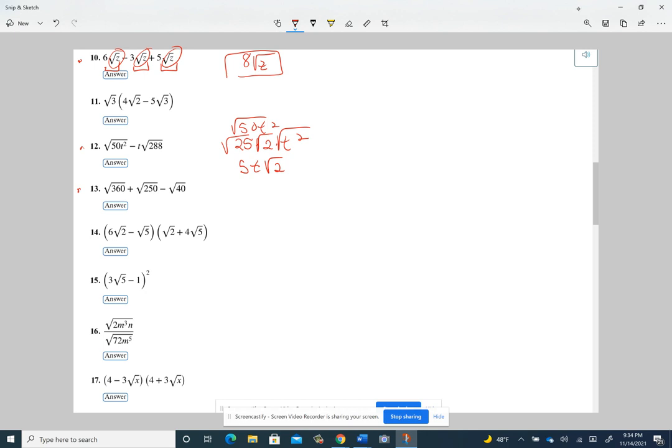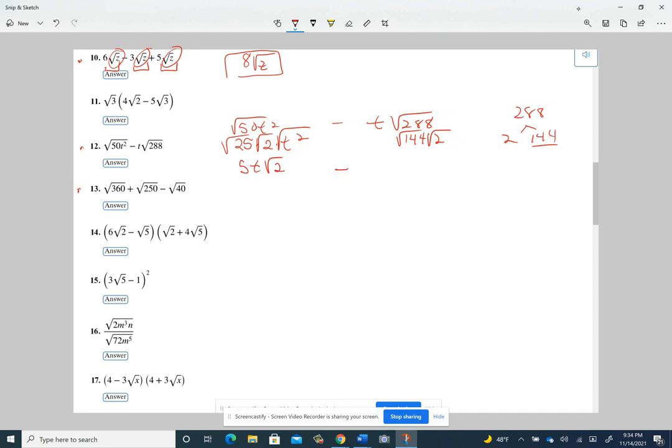Okay. Then I'm looking at that second term, which was, I'll go ahead and write the minus t square root of 288. And let's see, 288 is 2 times 144, and 144 is a perfect square. So I can think of that as 144 times 2.